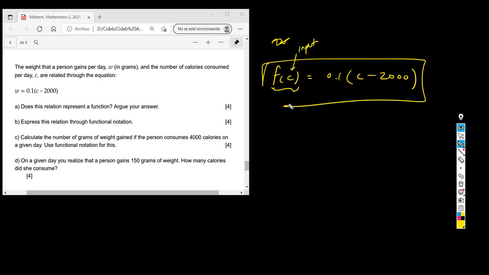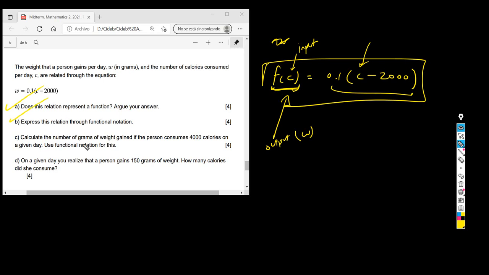This is my input variable, the amount of calories, and all of this symbol is my output variable, which is the same as the weight. And the relationship between the weight gain and the calories is given by this, right? This allows you to calculate the weight gain if you know the number of calories ingested.